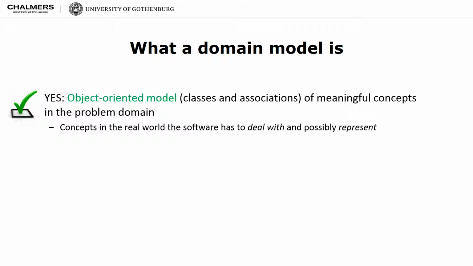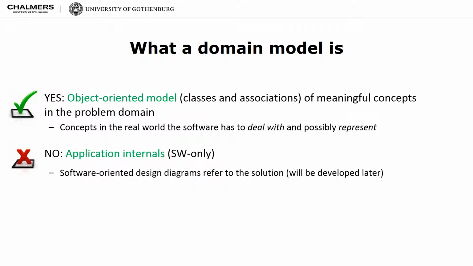In contrast to concepts that are only relevant to the internals of the application, so to the implementation of the system. So software-only concepts do not belong to the domain model. Let's have a look at one example to clarify this concept.